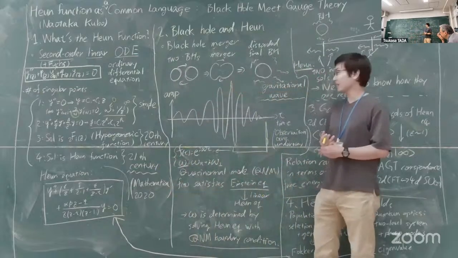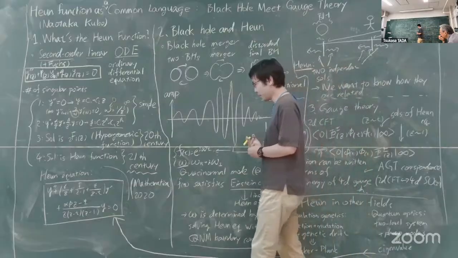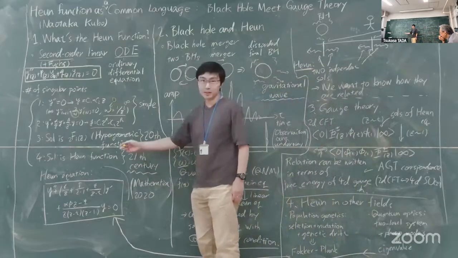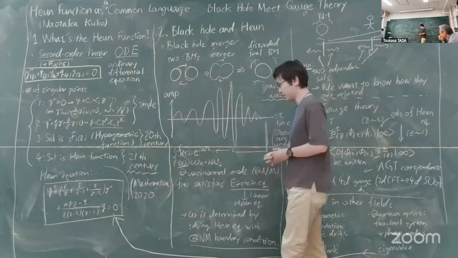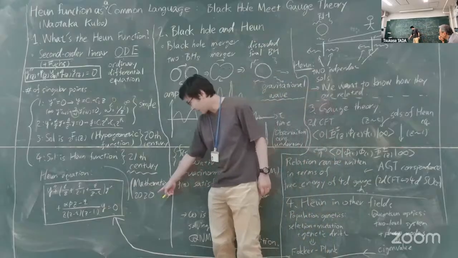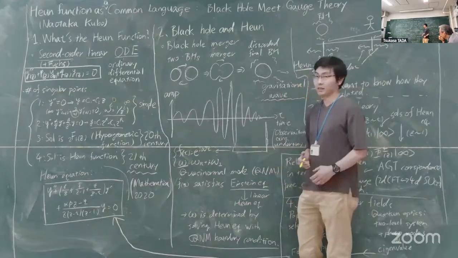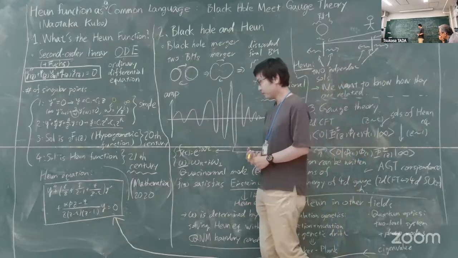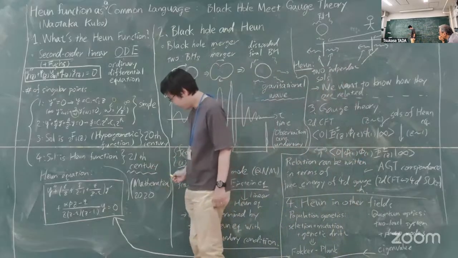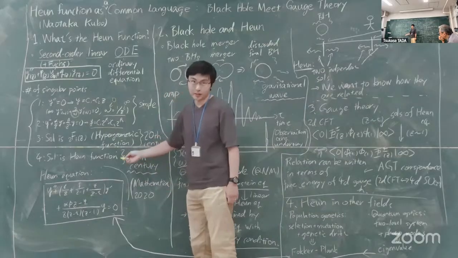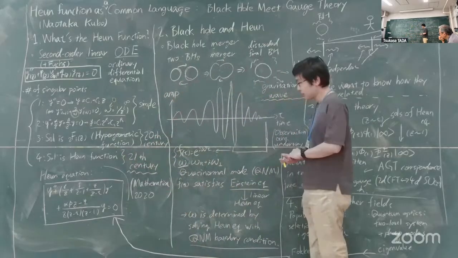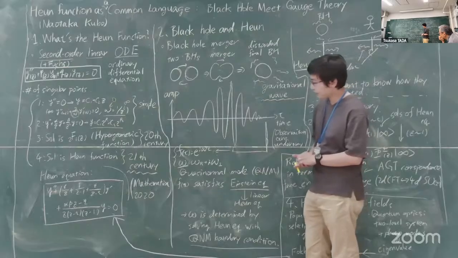For example, in Mathematica, the Heun function was implemented in 2020. So it's very recent, right? So this Heun function is the frontier of this type.